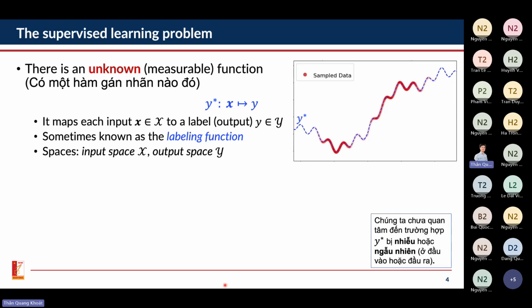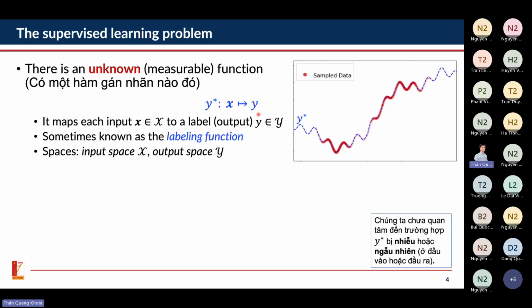Let's focus on a very simple setting. It is a supervised learning problem, right? In this case, we assume that there exists an unknown function, which we denote by y star, that can map from x to y, right? This function can be complex, and often is complex in practice.